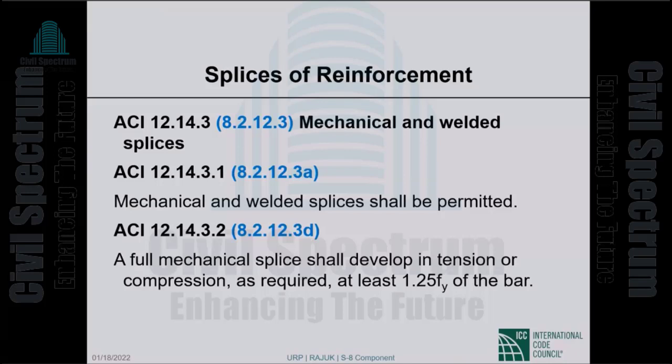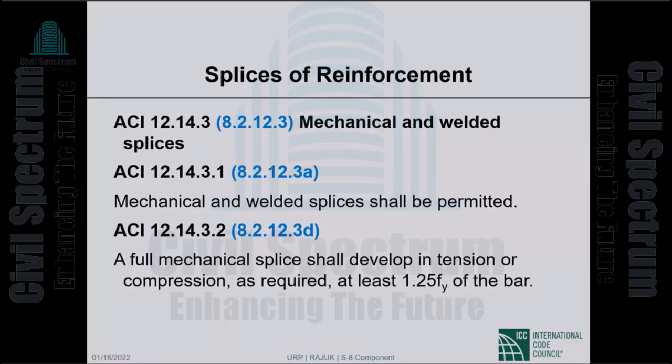Mechanical splices actually are very attractive in many situations because the laps can be long for larger bars, gives you congestion, and placement of concrete becomes difficult. However, mechanical splices are expensive and they also take up room.